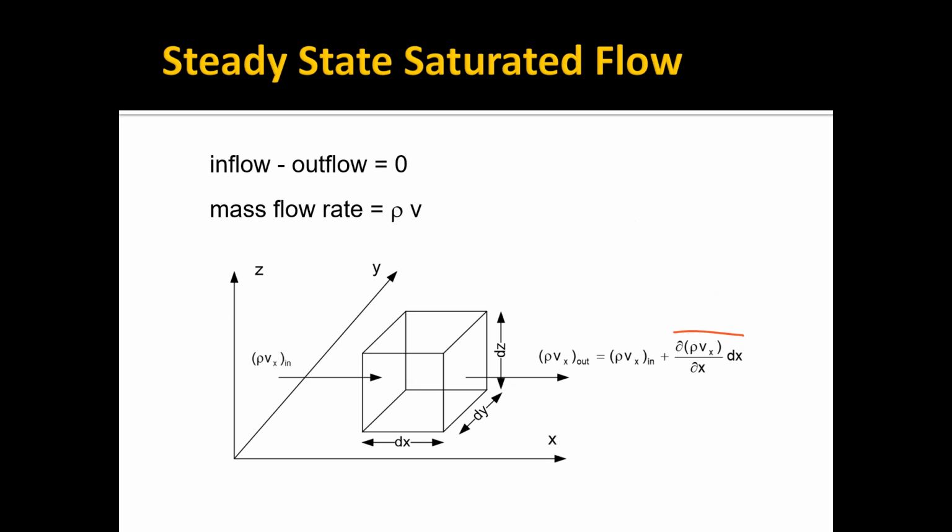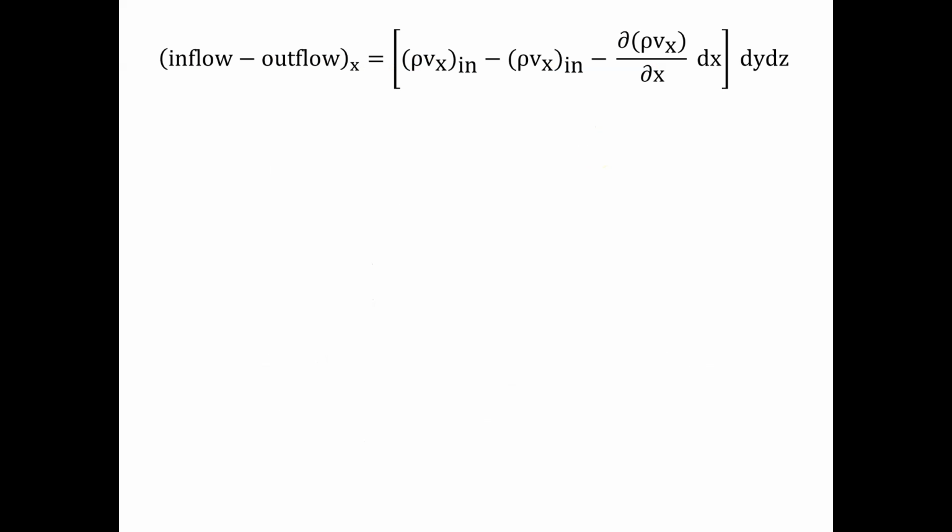So this is the mass flow out. So if we take the mass flow in minus the mass flow out, we get this expression here. And furthermore, we're going to multiply that by dy dz.